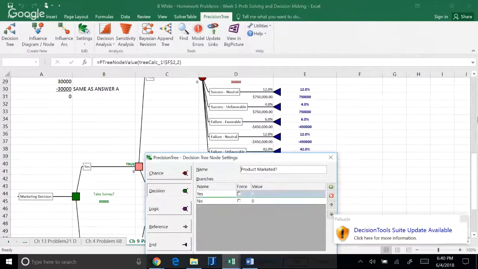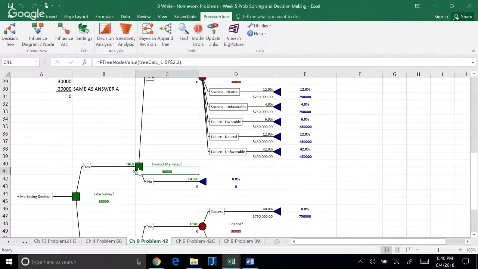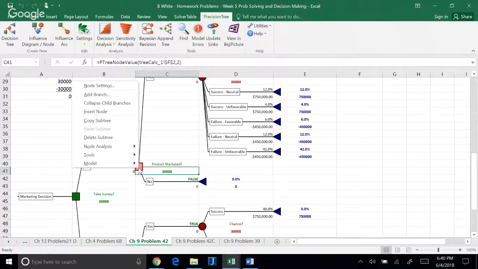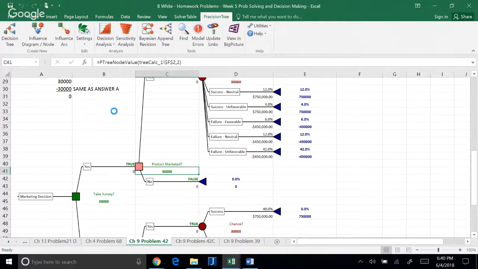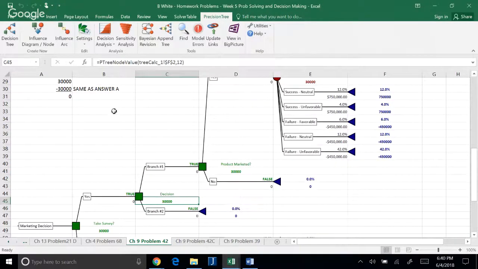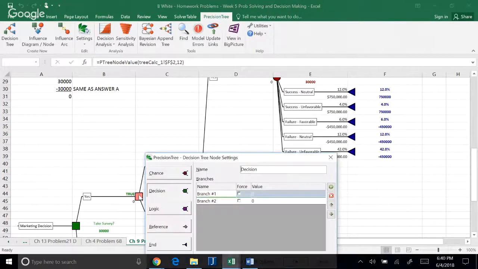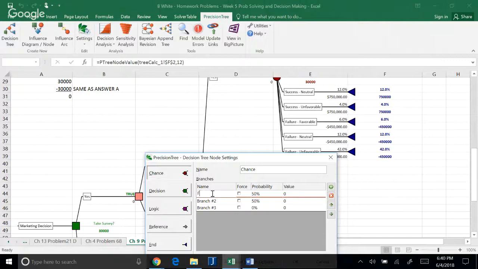So now, what I actually would like to do is see if we can just add a chance node. Yeah, I can insert node. Okay. And so instead of a decision here, this is going to be a chance, and there's going to be 3 branches, not 2, because you're going to have a chance of favorable prediction, a neutral prediction, and an unfavorable prediction.